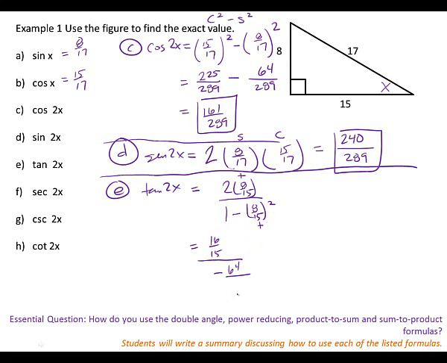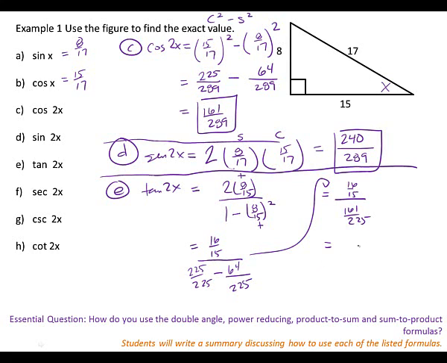What's 15 squared? 225. What's a better name for 1? 225 over 225, because we're working with fractions. I don't think I can do my work down anymore, so I'm going to go to the side. I've got 16 over 15. What does my denominator become? 161 over 225. Perfect.